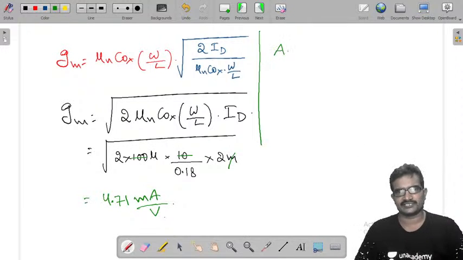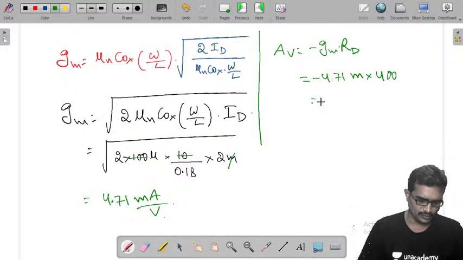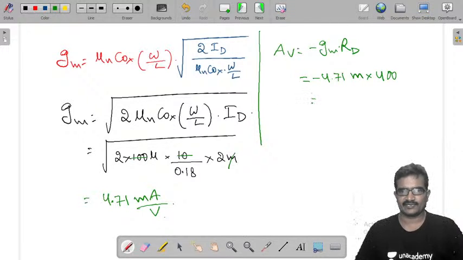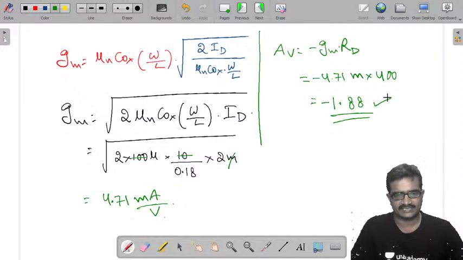Now go for voltage gain, minus gm into RD. So minus 4.71 milli into RD is 400. So it is 0.4 into 4.71, that is 1.88 approximately. So minus 1.8856. That is the voltage gain.